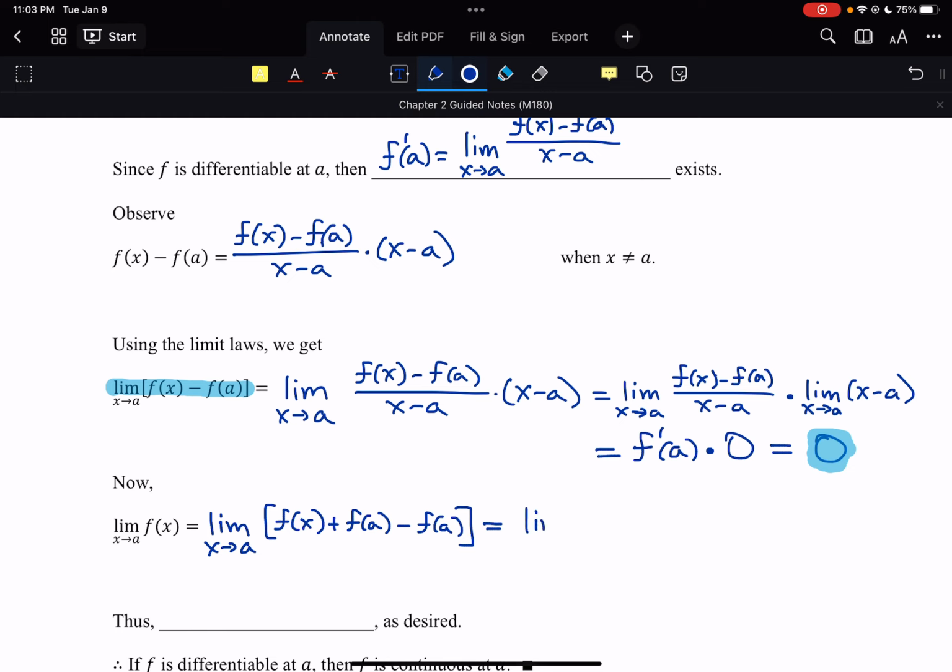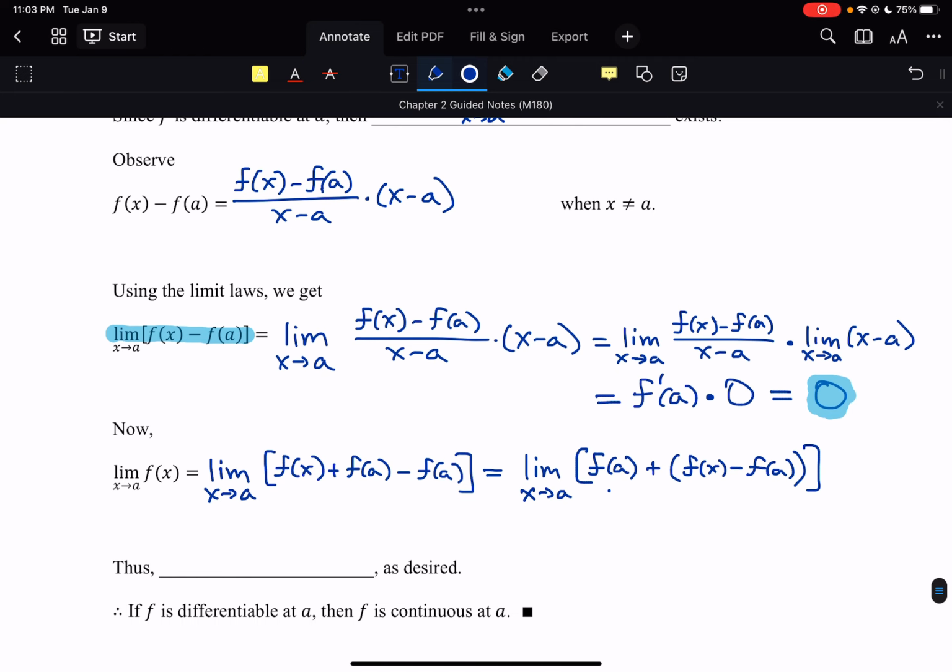If we do a little rearranging, we get f of a plus f of x minus f of a. Split this up across the addition here.